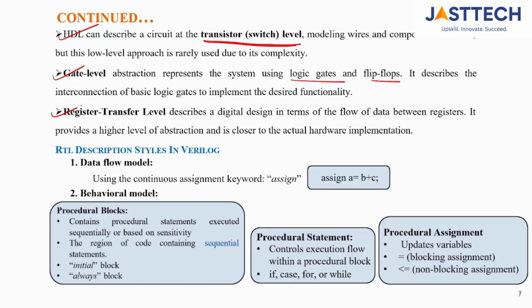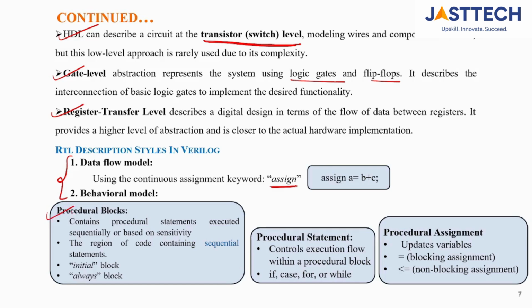Register transfer level has two types: data flow modeling and behavioral modeling. Data flow modeling uses a continuous assignment statement, that is, assign E equal to B plus C. In behavioral modeling, we use procedural blocks, which we'll discuss in detail.